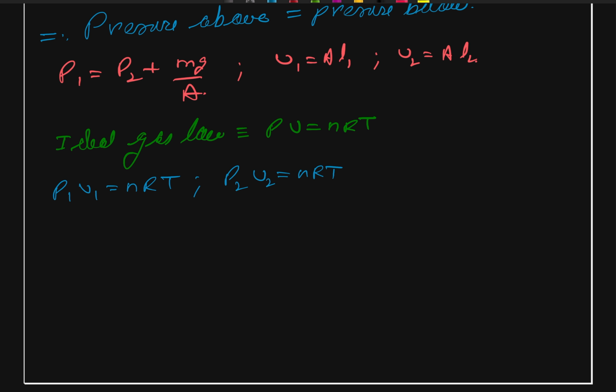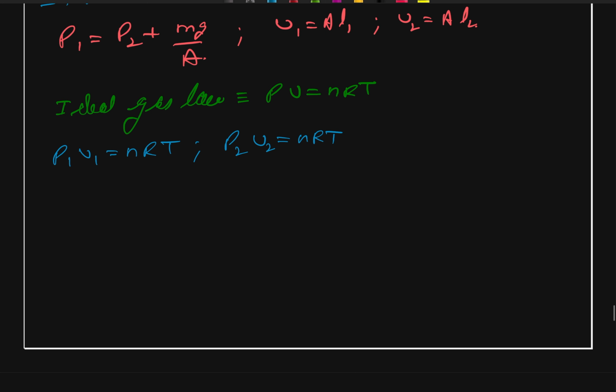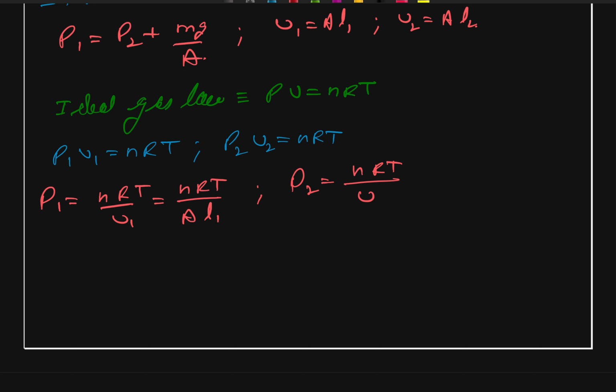From the first part, P1 is equal to nRT upon V1, which is nRT upon A multiplied by L1. From the second part, P2 is equal to nRT upon V2, which is nRT upon A multiplied by L2.